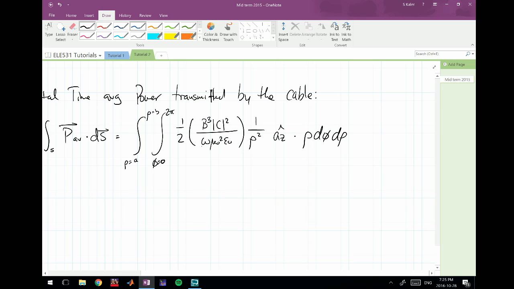The line is given in cylindrical as dl equals d rho a rho plus rho d phi a phi plus dz a z. So now you just take the two components that you need and multiply them together. Because if you have a line and you multiply that line across something, you end up with a surface, right?